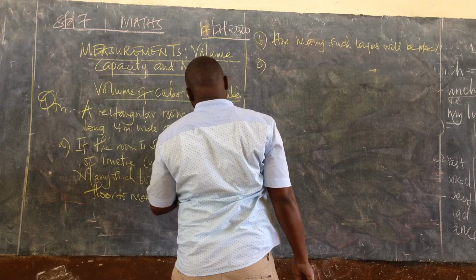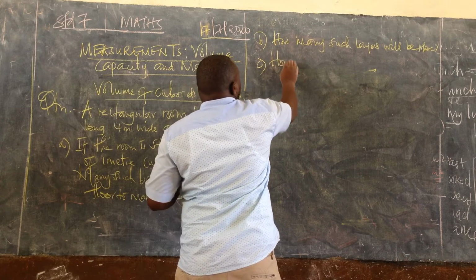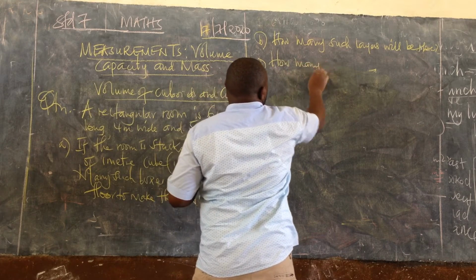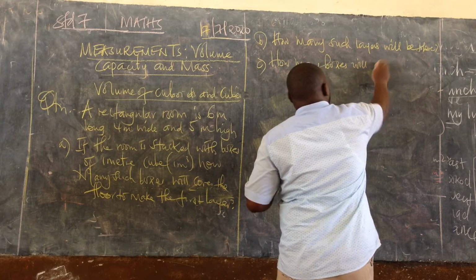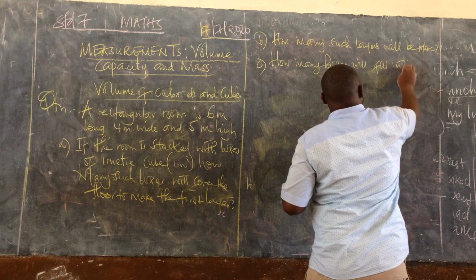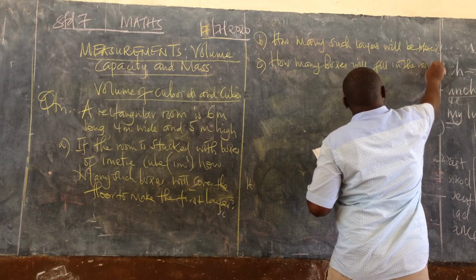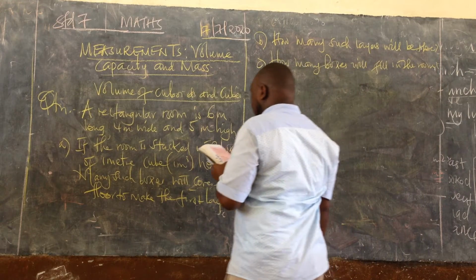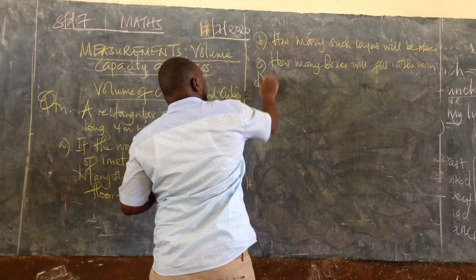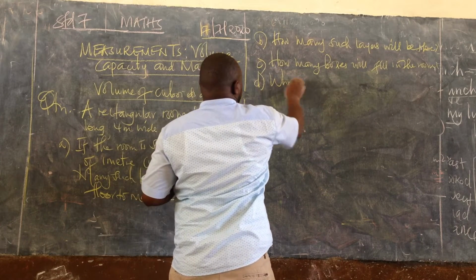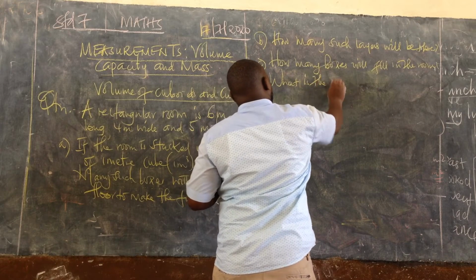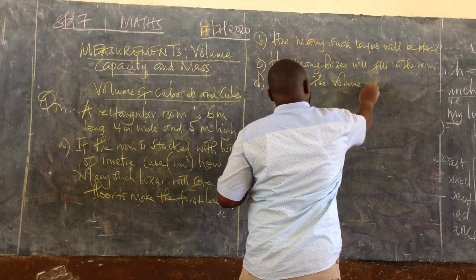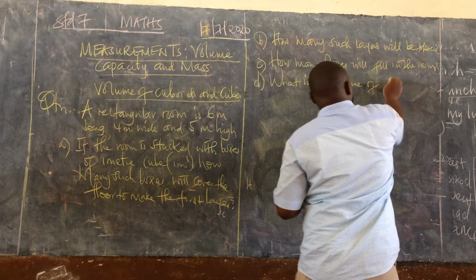How many boxes will fill in the room? Lastly, what is the volume of the room?